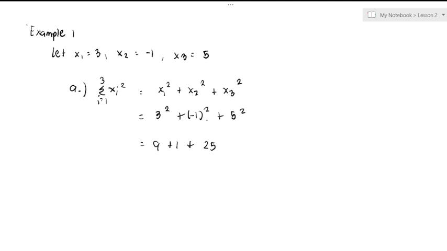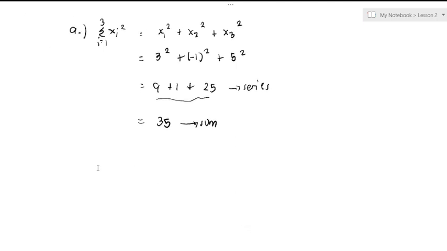So, kapag sinabing expand, ito lang yung magiging sagot natin. Okay? So, ito yung series. Now, pag ang hinahanap ay sum, ipagpa-plus lang natin. So, this is equal to 35. Ito yung sum. Okay? Now, let's have letter B. Let's try summation of x sub i, i equals 1 to 3, quantity squared.